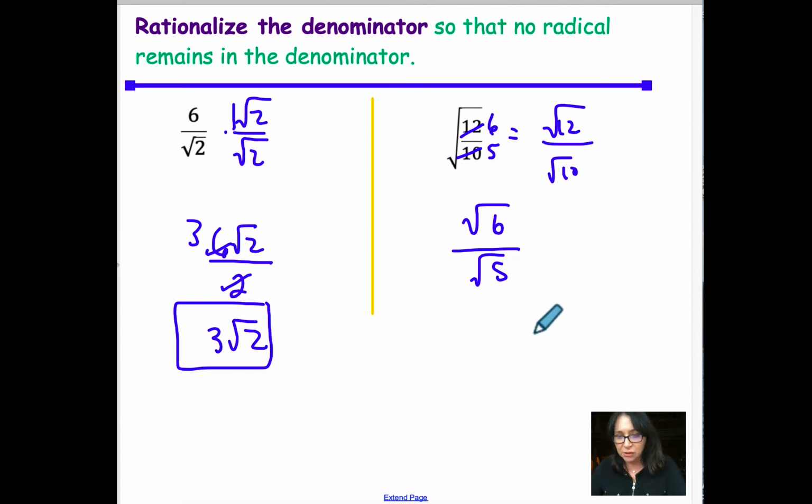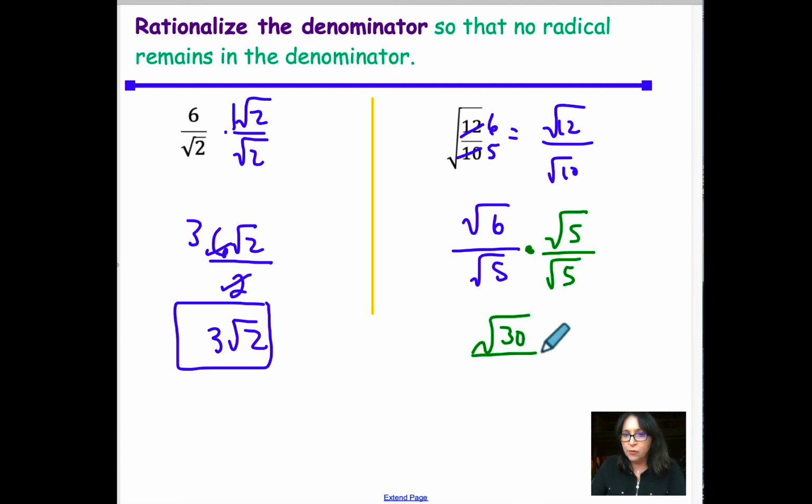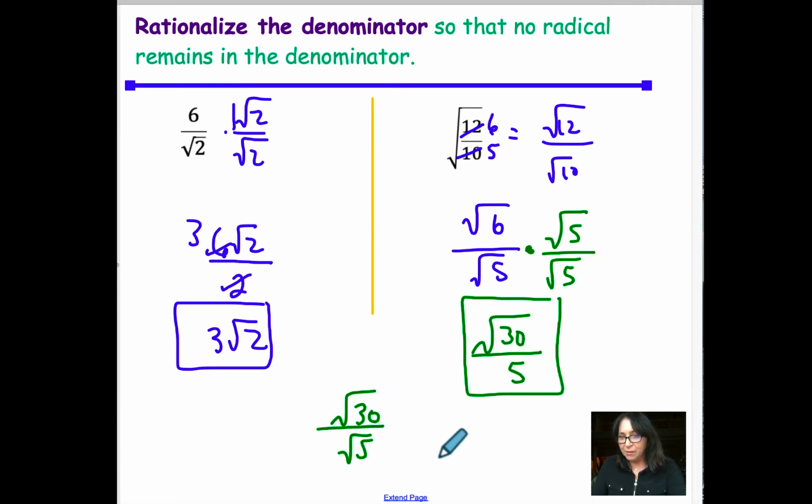I need to rationalize the denominator by multiplying by 1 in the form of whatever the root is, and the root is root 5. So I'm going to have the square root of 30 over the square root of 25, which is 5. And so that would be my answer. Remember, numbers can't cancel with roots, but for example, if I had had root 30 over root 5, then my answer would be root 6.